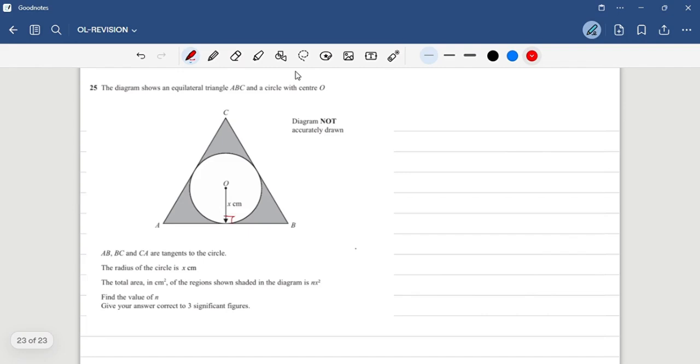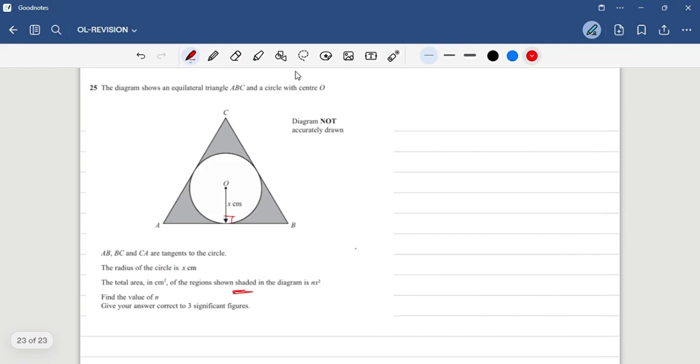So for this part, the radius of the circle is x, and he said that the total area in centimeter square of the region shown shaded will be n x power of 2. So this means it will be in terms of x power 2. I don't need to find out the value of x, of course, but I need to find out the n, which represents the coefficient of x squared after I figure out the area of the shaded.